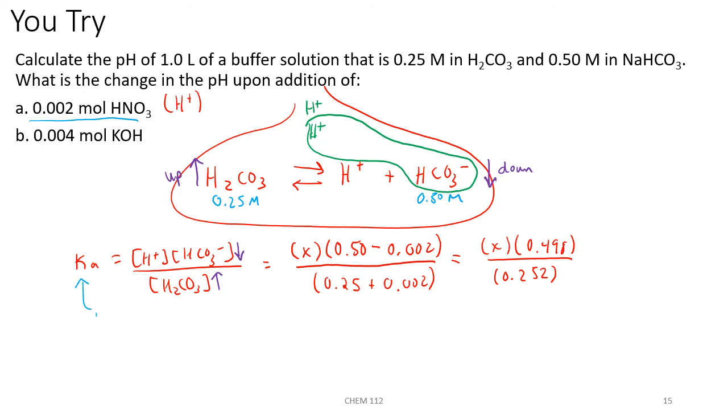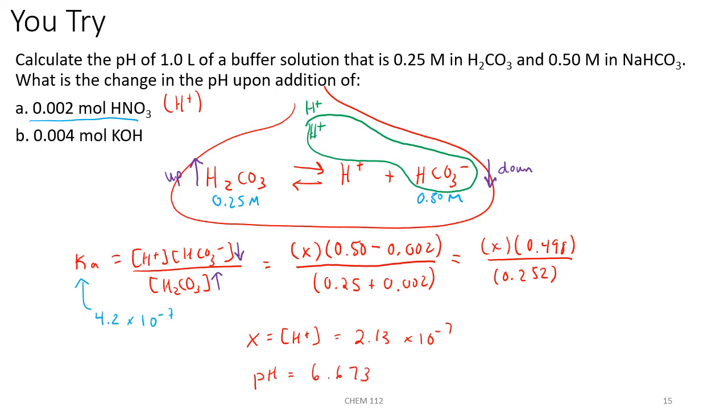So Ka will still be 4.2 times 10 to the negative 7th throughout this. We can rearrange and find X, which is equal to our hydrogen ion concentration. And X comes out to being 2.13 times 10 to the negative 7th. Take the negative log of that value to get the pH, and the pH comes out to 6.673.